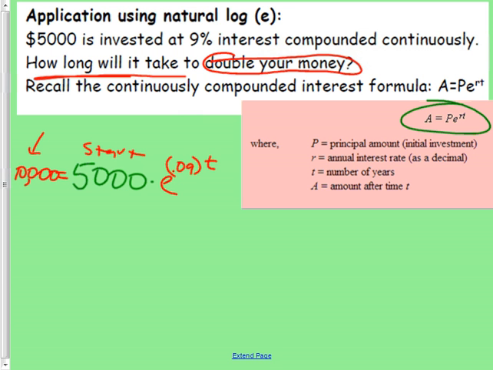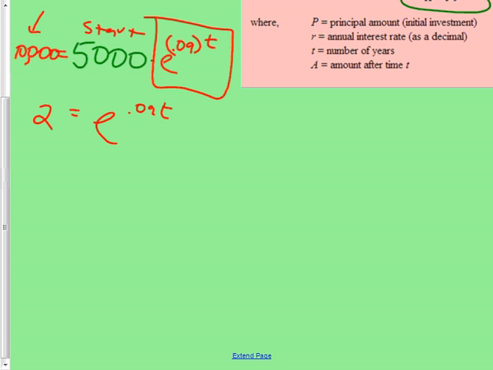So now, to solve this, you would start by dividing by 5,000 to get this clump alone. And 10,000 divided by 5,000 works out to 2 perfectly. 2 equals e to the 0.09t. How do you use a log to solve this? Well, you have to rewrite it. Log base what? Think about it. Log base e.